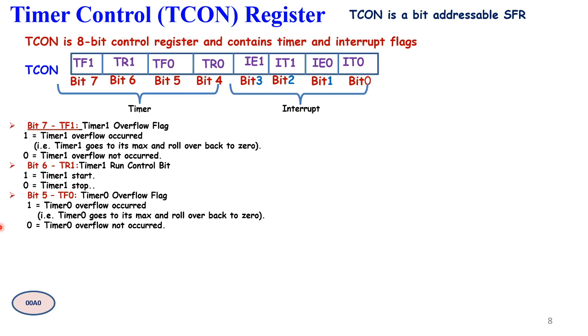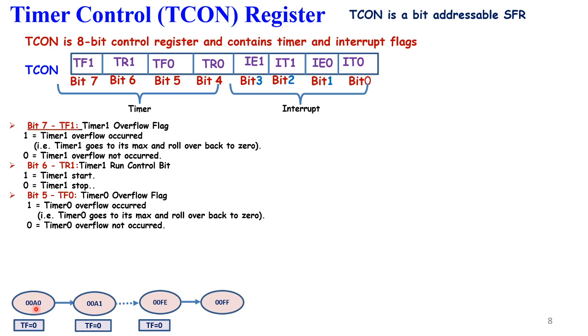Now how does the rollover occur? Suppose this is the initial content of the timer, then at that time TF will be 0. It gets incremented by 1, then TF is also 0, and when it reaches the last value 00FE, then 00FF, and after that it goes to 00. So at that time rollover occurs, from 00FF to 00.